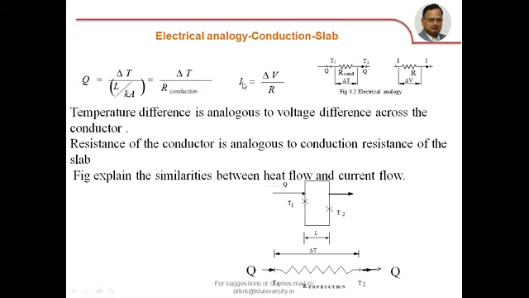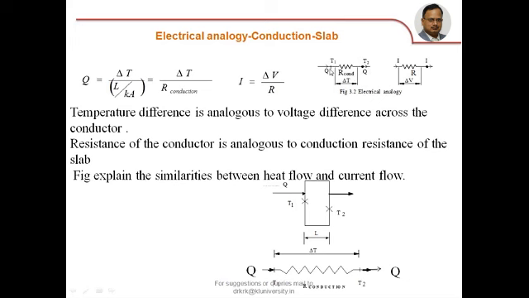If you write the equation connecting I and delta V, I is equal to delta V by R, where R represents electrical resistance. We have the equation Q equal to delta T by R conduction. Therefore, this R conduction is nothing but the resistance offered by the wall for conduction heat transfer.